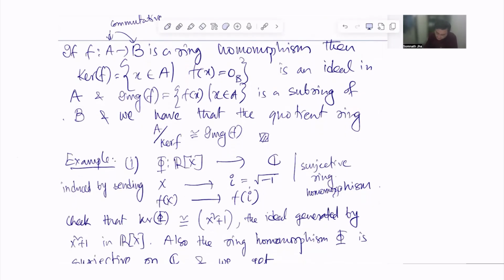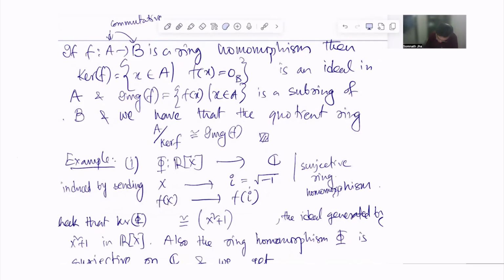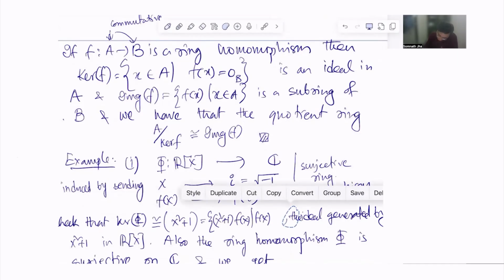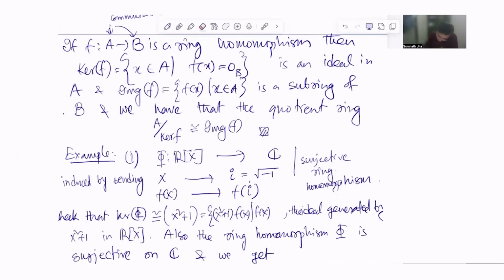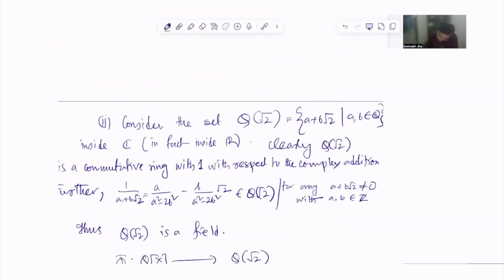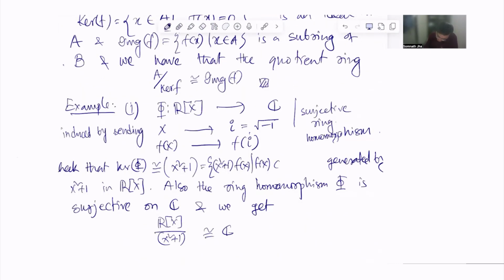What is the definition of the ideal generated by x squared plus 1? It is nothing but the set of elements (x squared plus 1) times f(x), where f(x) belongs to R[x].